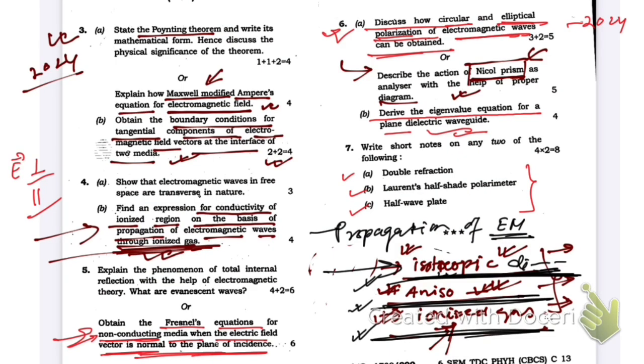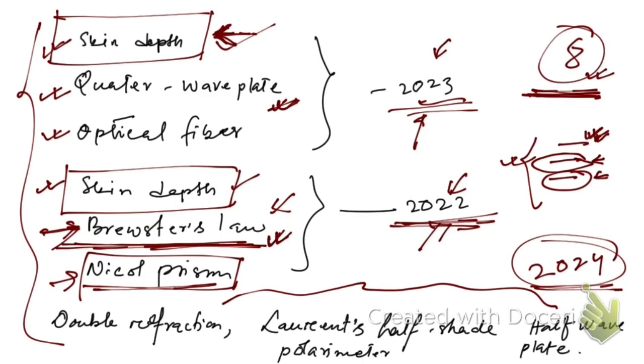Here you see this one, Nicol prism. So if you study these 8 topics, you can score at least 6 marks in short notes, and also marks in any other questions based on these topics.